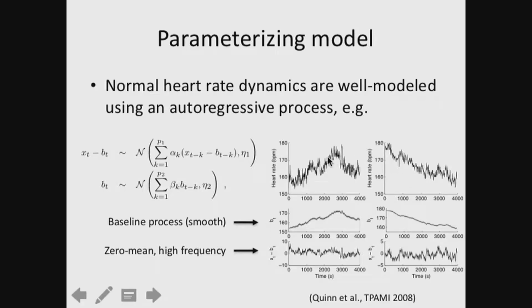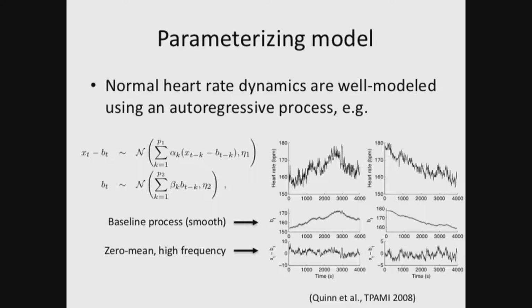And intuitively, I'll first go over the intuition, then I'll give you the math. Intuitively, what it does is it recognizes that this complicated signal can be decomposed into two pieces. The first piece shown here is called a baseline signal. If you squint your eyes and ignore the very local fluctuations, this is what you get out. And then you could look at the residual of subtracting this baseline from this signal, and what you get out looks like this.